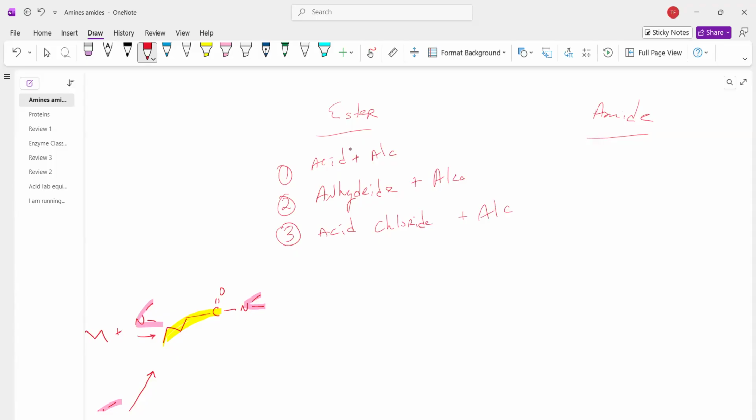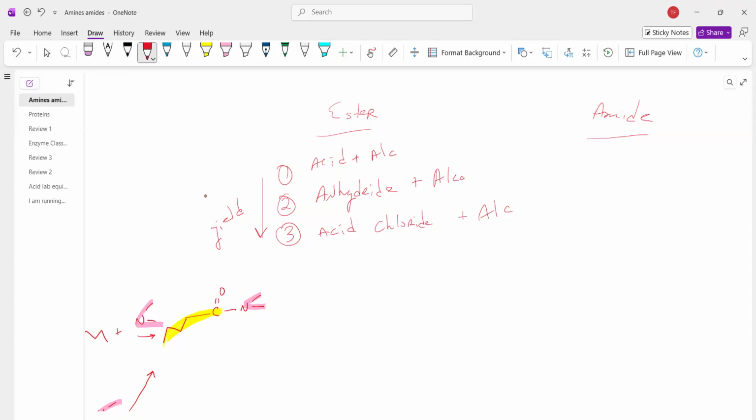Okay, and this goes with increasing yield, giving the acid chloride the most, because the acid chloride is the least stable.